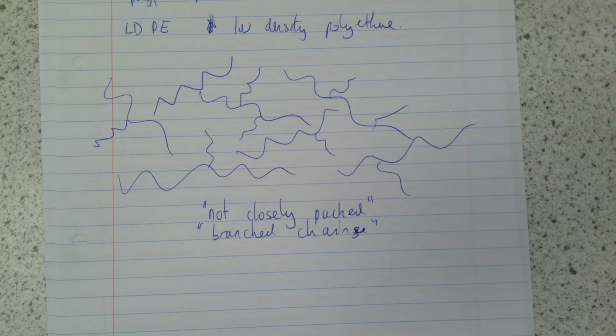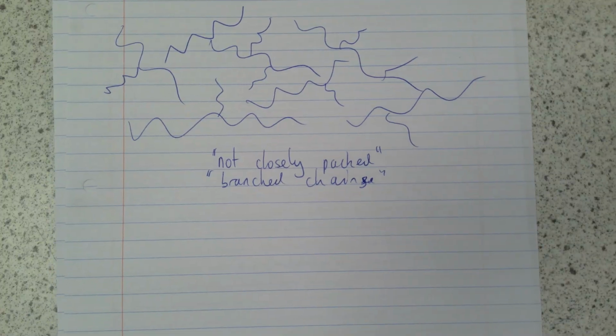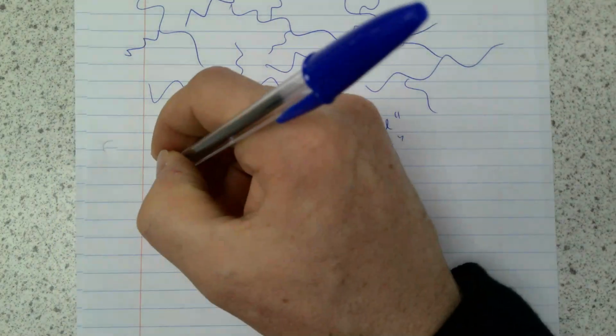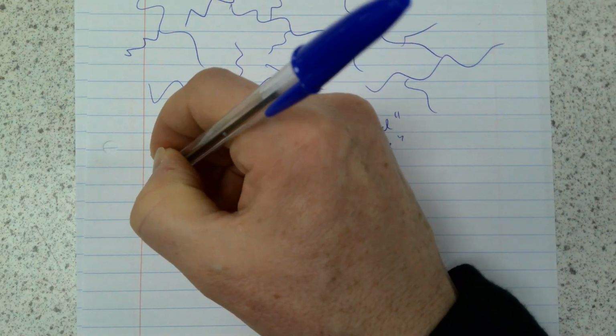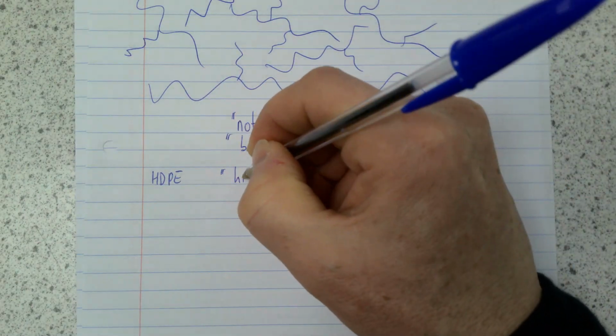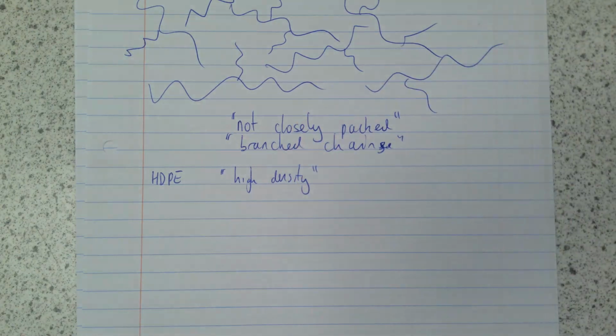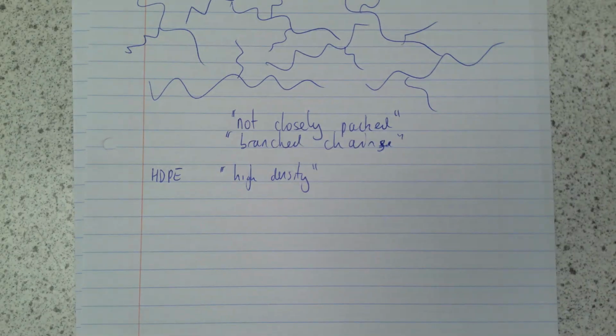So that might be the sort of thing you get in a plastic bag that you use for shopping, right? High density polyethylene is made under slightly different conditions, still from the monomer ethene, and that's the high density version. So instead of having branched chains, which are caused by the conditions it's made in, if you do it under these slightly different conditions, it says slightly raised pressure and at 50 degrees, but the details of that you need to know.